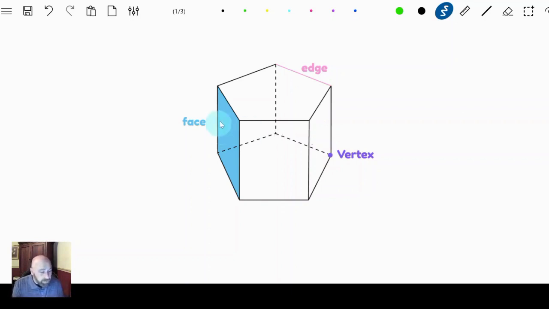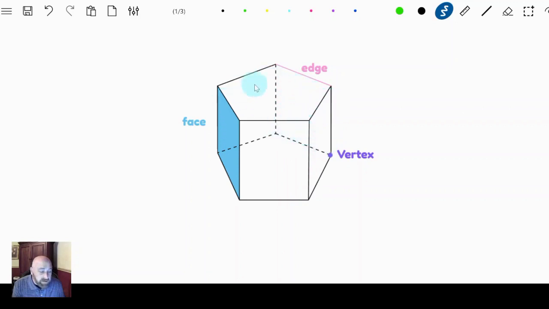If you look right here, this is called the face. This blue section right over here is the face. Notice there's also another face right here. It's not colored in, but this front rectangle here is actually another face. Notice there's a face over here on the right side. Then in the back area right here, there's a face back here.